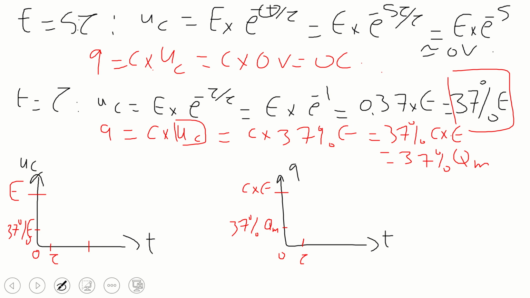So after 5 tau, the transient phase ends and the permanent phase starts, where the voltage is approximately equal to 0 and the charge is approximately equal to 0. So the graph of UC decreases exponentially like this, and the graph of Q also decreases exponentially like this.